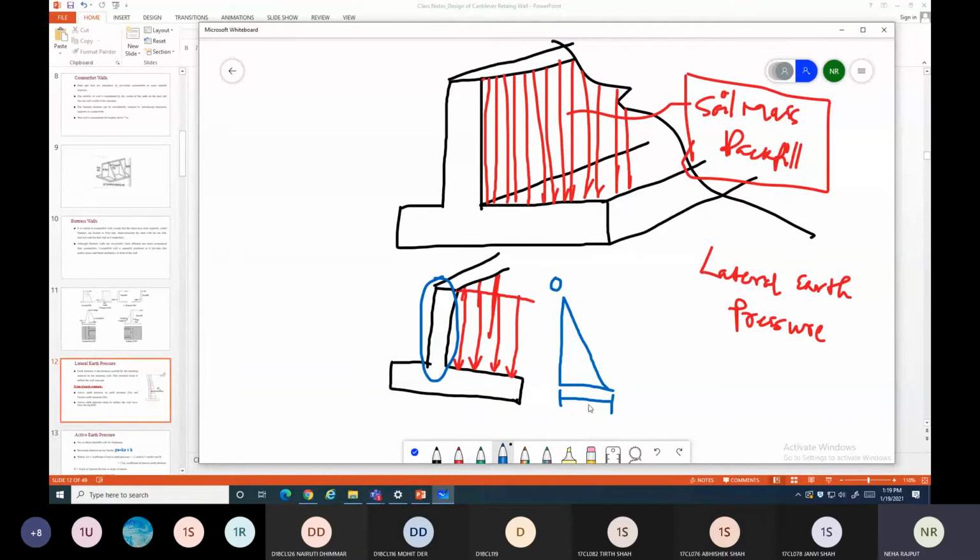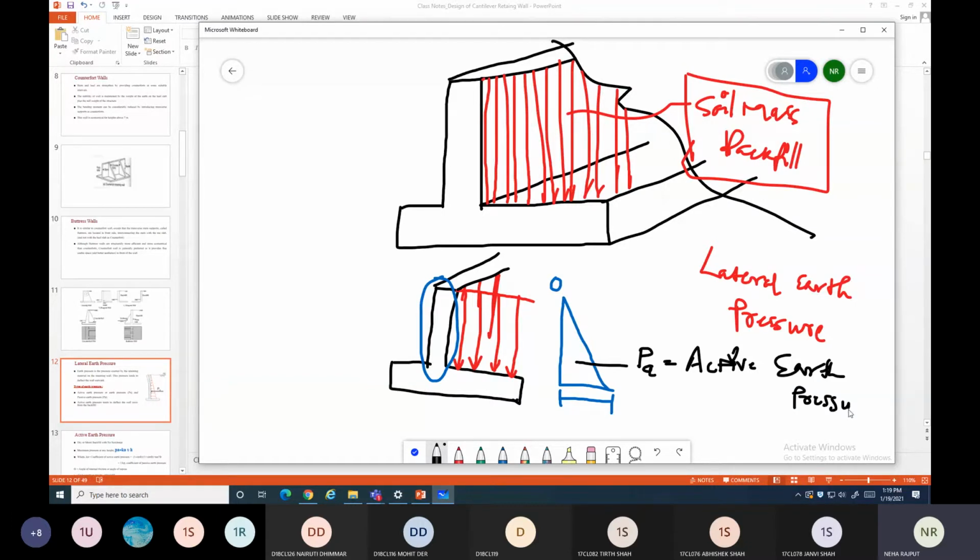This pressure is my soil pressure or lateral earth pressure, and from the soil side it is denoted as Pa. Pa is nothing but the active earth pressure.